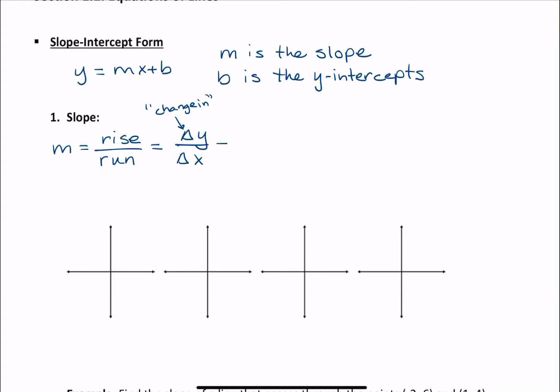Mathematically, you have 2 points and you subtract them to get your change in y. You would subtract your y coordinates, and to get your change in x, you would subtract your x coordinates.